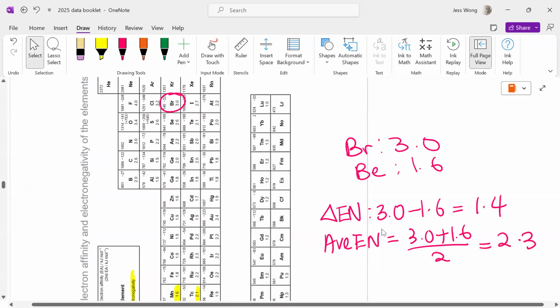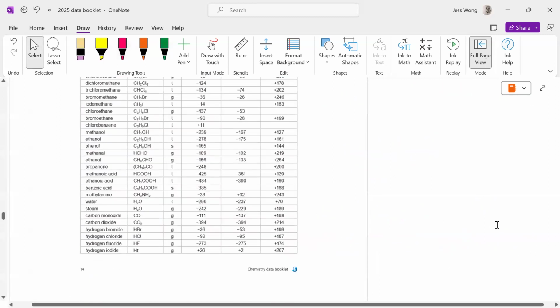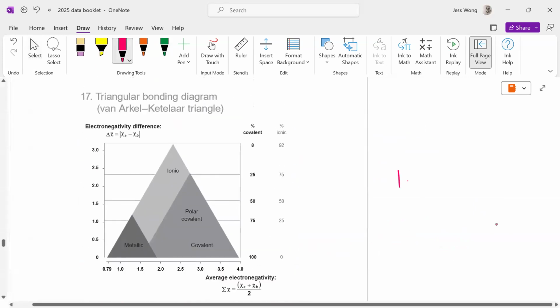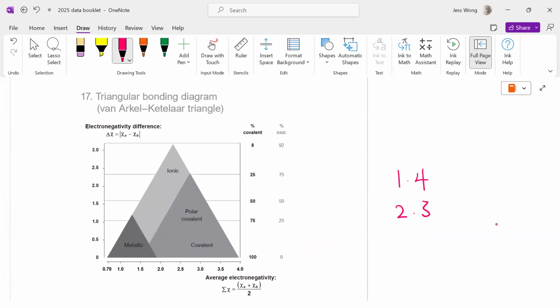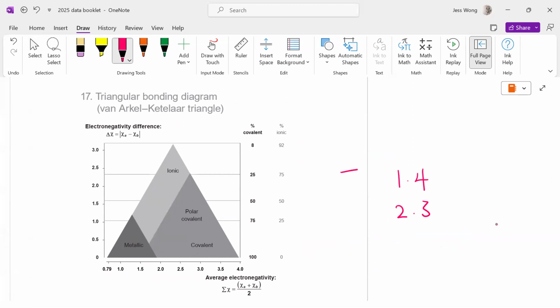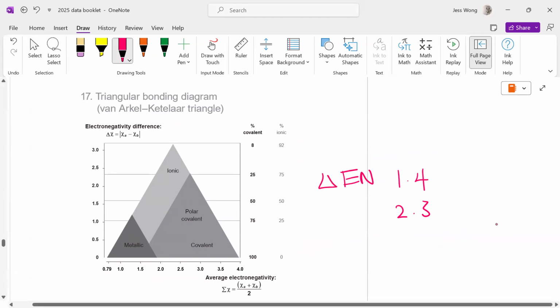Knowing the difference and the average, 1.4 and 2.3, you will go on to this diagram on table 17. If you still remember, our difference was 1.4, our average is 2.3.